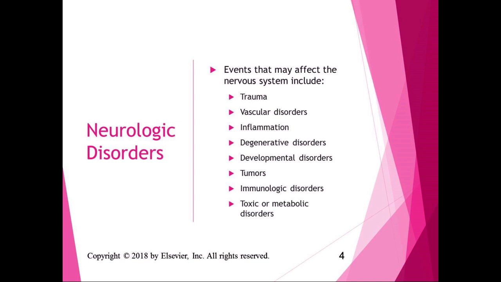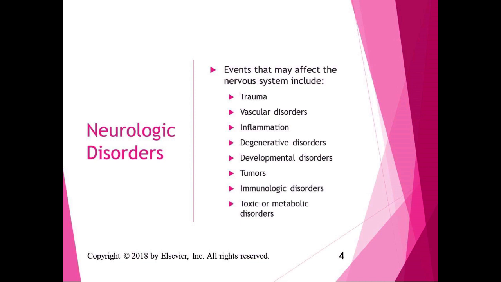So example of a trauma would be like a car accident where someone gets a spinal cord injury or a brain injury. Vascular disorders can include strokes and heart attacks and atherosclerosis, that sort of thing. Inflammation, well, you know what inflammation is. So some inflammatory disorders can affect the nervous system.